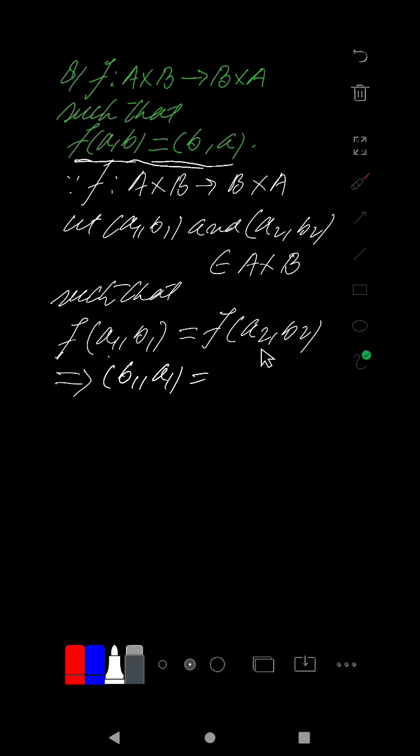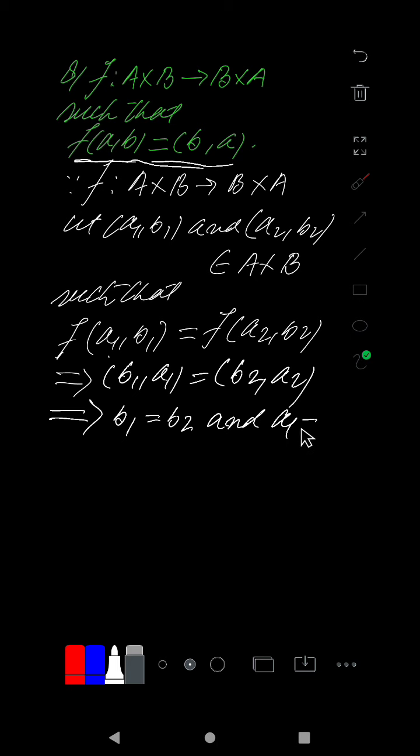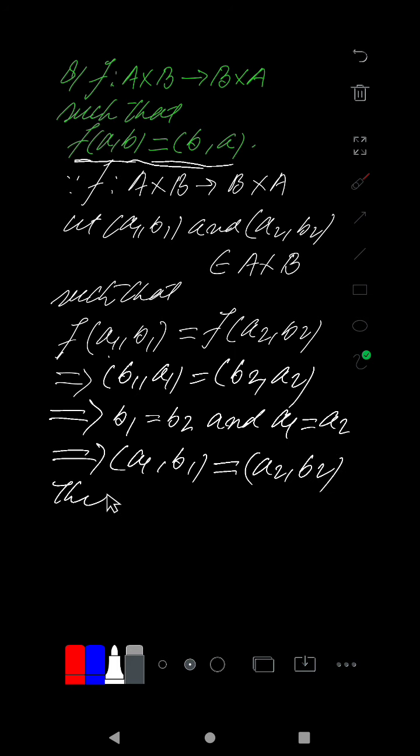Similarly, on the right hand side, f(a2, b2) must be equal to ordered pair (b2, a2). So it implies that ordered pairs may be equal when their corresponding elements are identical. So it implies that b1 is equal to b2 and a1 is equal to a2. So it implies that (a1, b1) is exactly equal to (a2, b2). Thus, f is an injective function.